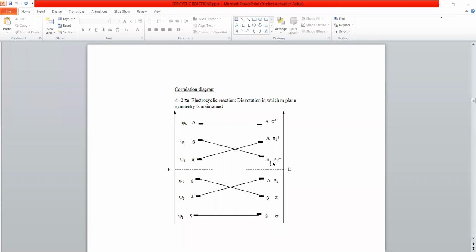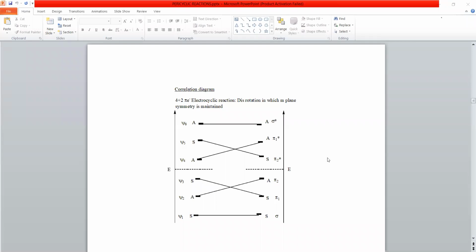Similarly, pi2 star is not correlating with psi4. It is correlating with psi5. Therefore, the first excited state of the cyclohexadiene does not correlate with the first excited state of 1,3,5-hexatriene. Therefore, the reaction is photochemically forbidden. So this rotation is thermally allowed and photochemically forbidden.